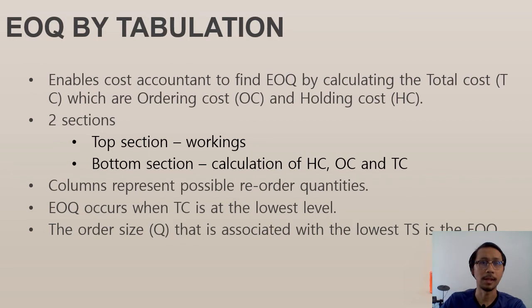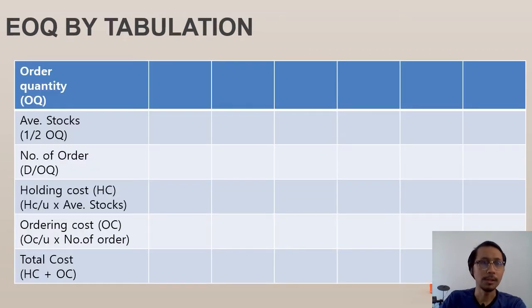Now let's look at the table. So this will be the example of your table. As you can see, you have plenty of columns and rows. The first column will be your order quantity, where you put the quantities to be ordered. Depending on the question, sometimes you have 3 order quantities, sometimes you will be provided with 4 different order quantities.